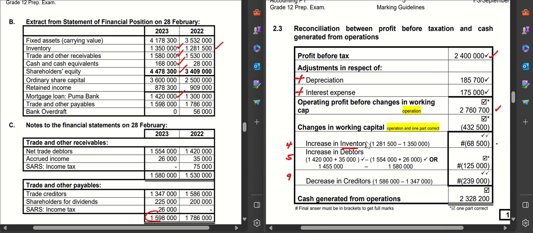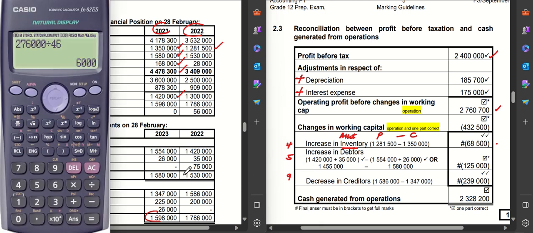But the other way that you could have simply got this answer is to say, whenever you are dealing with inventory, inventory is an asset. Whenever you are on assets, you will say your previous year, which is 2022, minus your current year, which is 2023. Whatever the calculator gives you, then you consider that answer. In other words, we are saying our previous year, how much was our previous year?